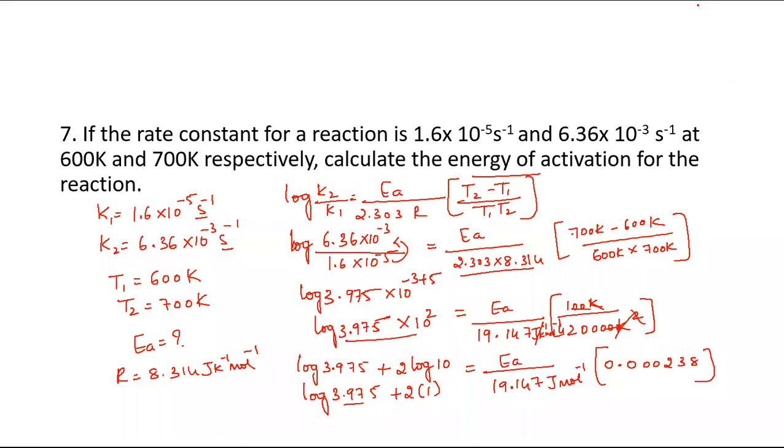Okay, many have given the answer. Let me check whether it is correct or wrong. Final answer Ashwini has given, that is 216.38 joule per mole. It should be kilojoule, no? Ashwini, just check your unit.